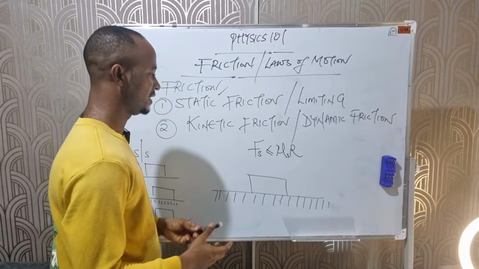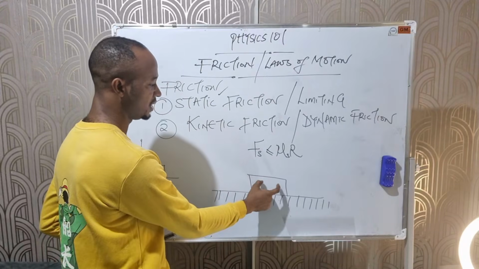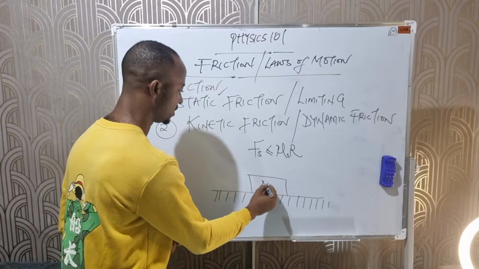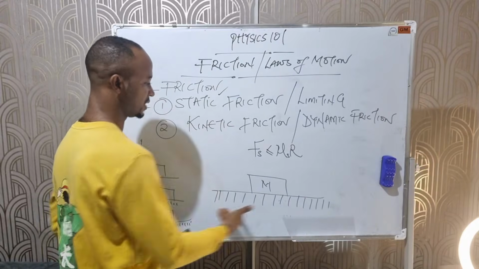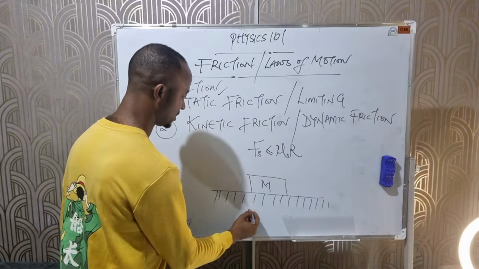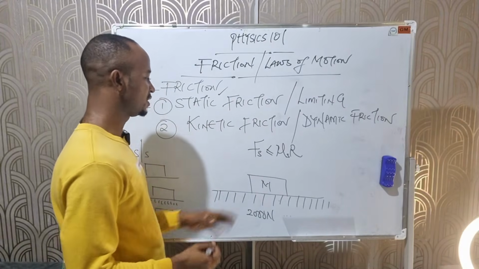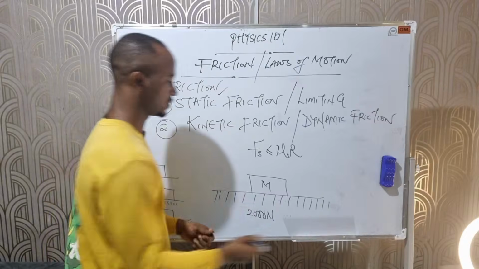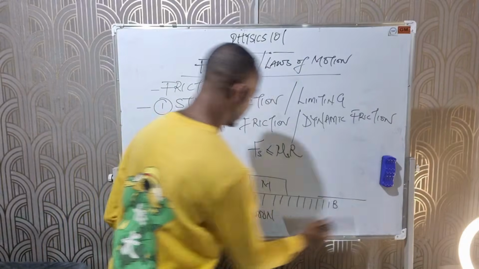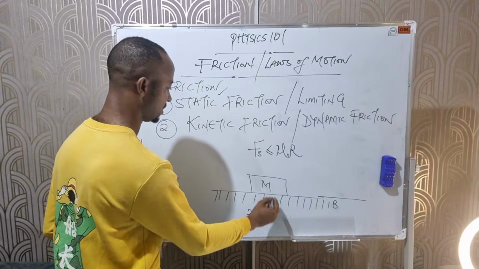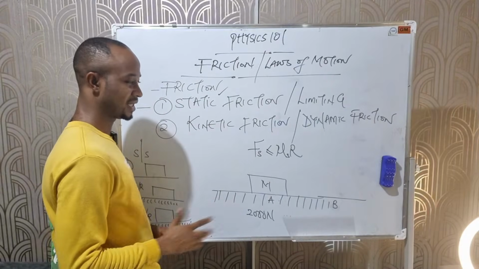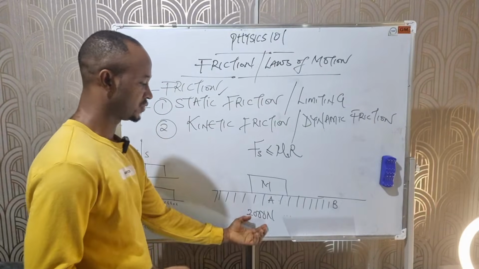Let's say, for example, the frictional force holding this body on this surface is 2000 Newton. For this body to move from point A to point B, don't forget that the static frictional force we are assuming is 2000.